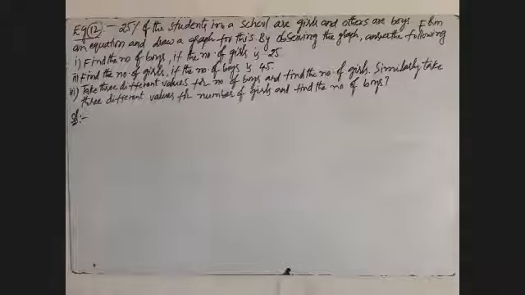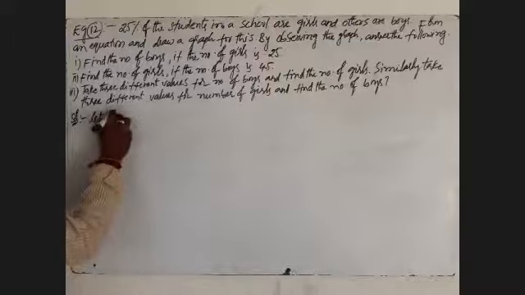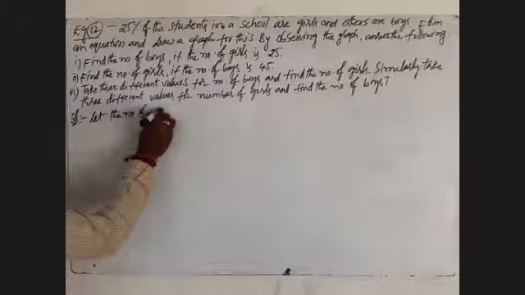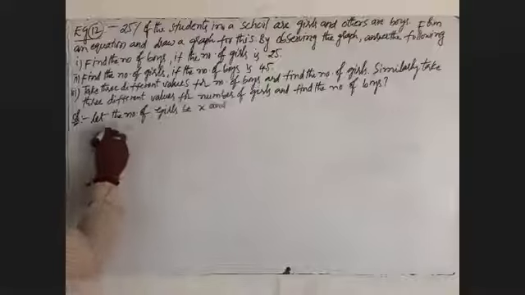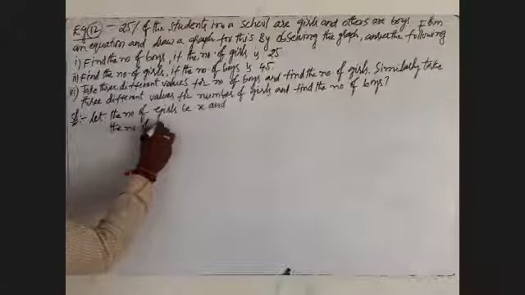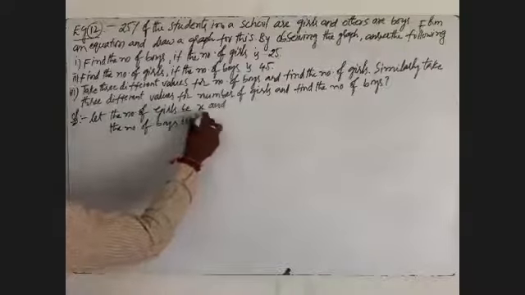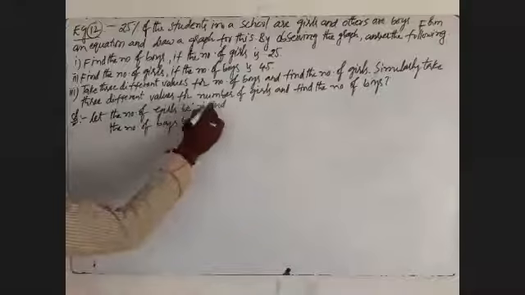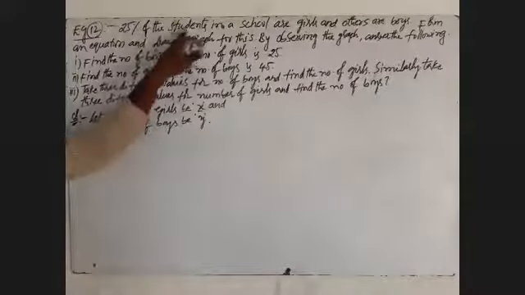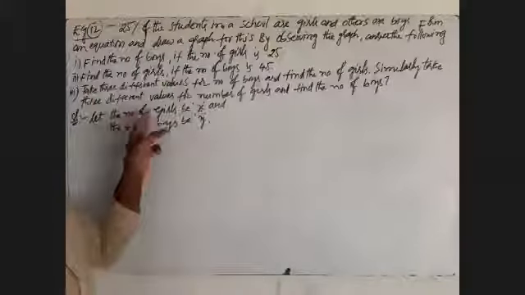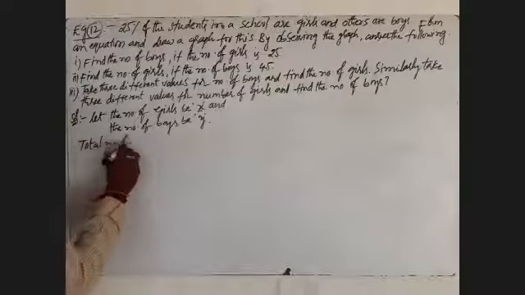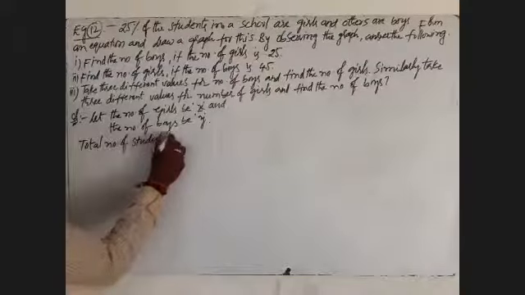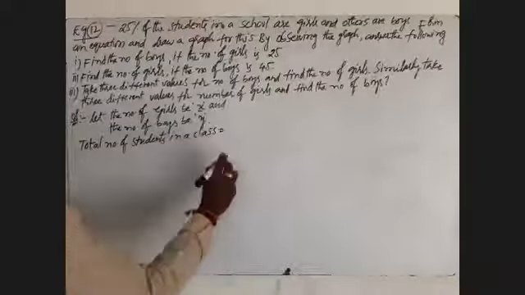First, let the number of girls be X and the number of boys be Y. You will observe the total number of students in a class is the combination of boys and girls.